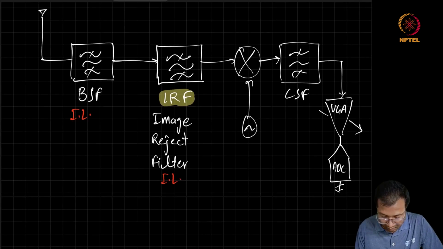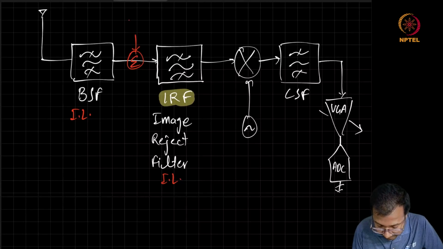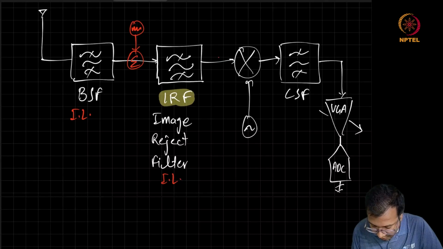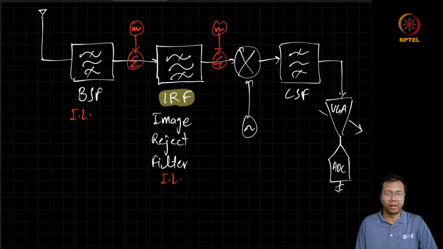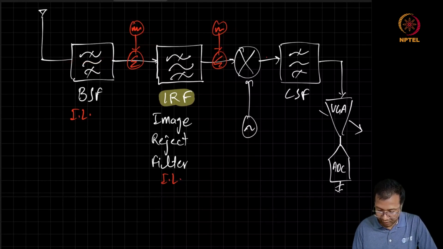Each of these nodes also gets some undesired signals added, and these are added as an artifact of all this electrical circuitry. So every time we insert an electrical block, we are not only processing the signal, we are also adding some unknown signals to our own signal. And this is going to be added at every point.